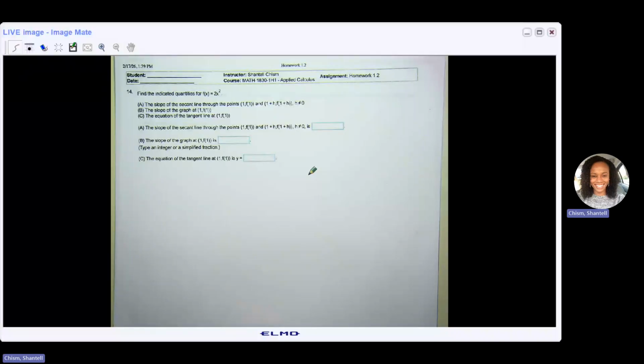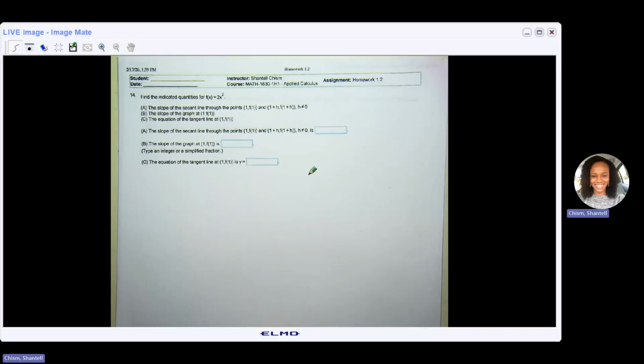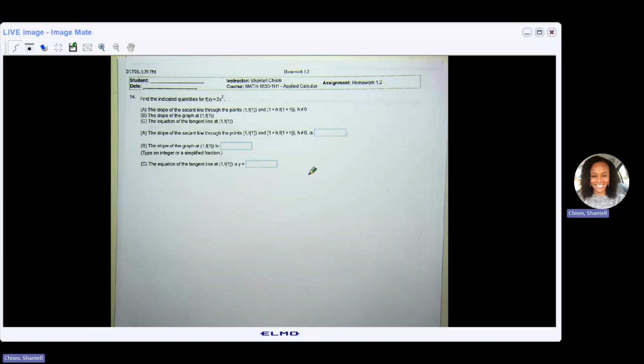Okay. So what you see here, and I hope that it's pretty clear, is problem number 14 from 1.2. For the given function, f of x equals 2x squared, for part A, it's asking us to find the slope of the secant line through the points 1, f at 1, and then 1 plus h, f at 1 plus h.